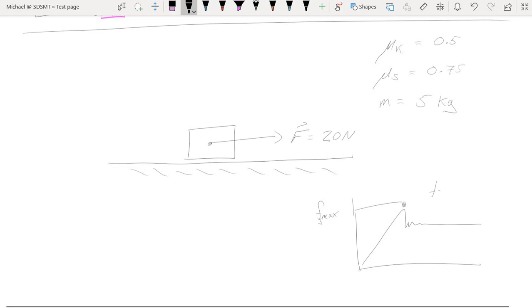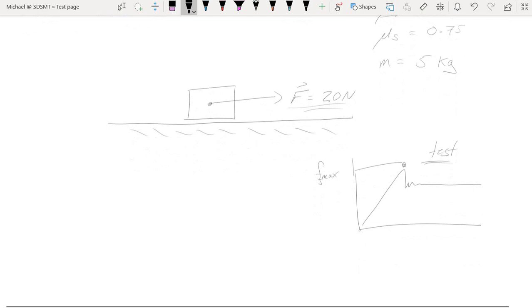So essentially, we have to test the system. We have to see if there's enough maximum static friction to keep this block immobile, or if the applied force is too much, then the block will start moving. But once the block starts moving, then we have to switch over to the kinetic friction case.